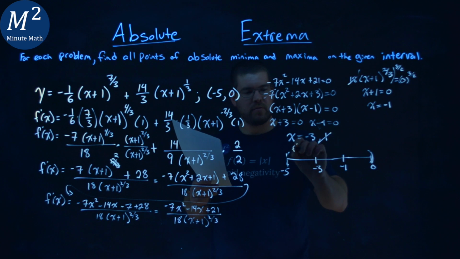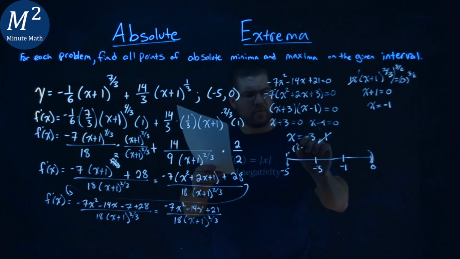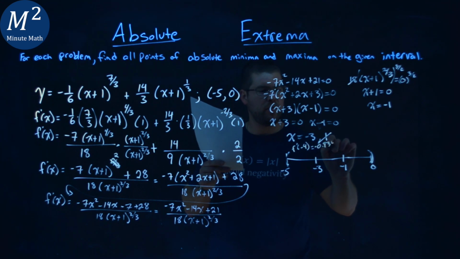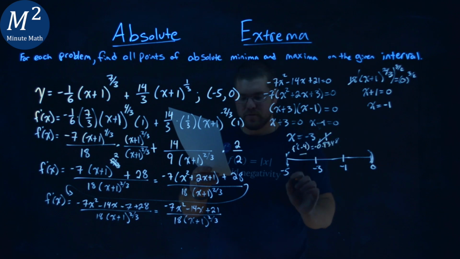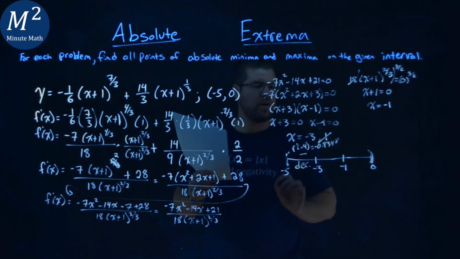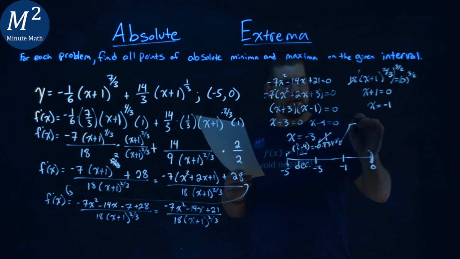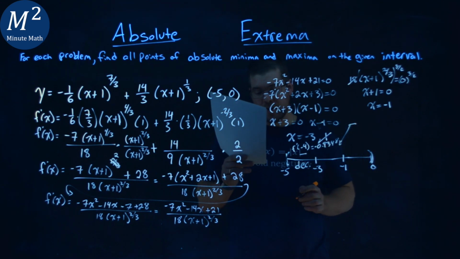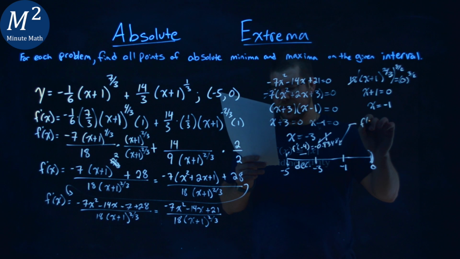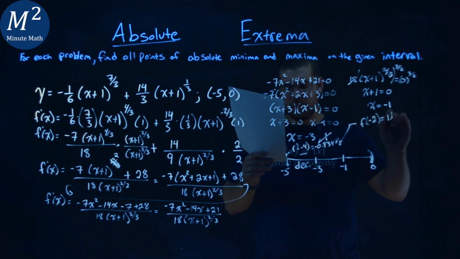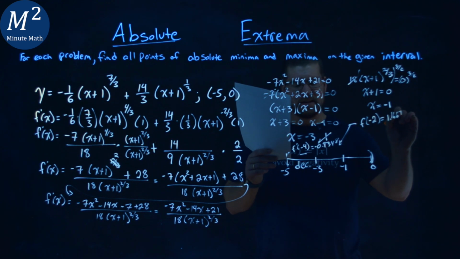I picked f prime of negative 4, and it's approximately negative 0.9348. It's negative, so we are decreasing on that interval. Between negative 3 and negative 1, I found f prime of negative 2, and that came out to be approximately 1.1667.